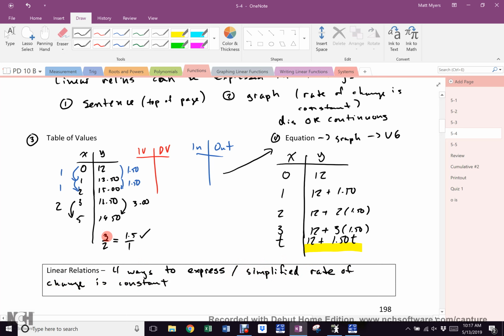Because remember, 3 over 2. And remember, a rate of change is always over 1. Right? That's the second thing to remember. And the third thing is it can be discrete or continuous. Is everybody cool to there? Yeah? Everybody's good? Yeah? Okay.